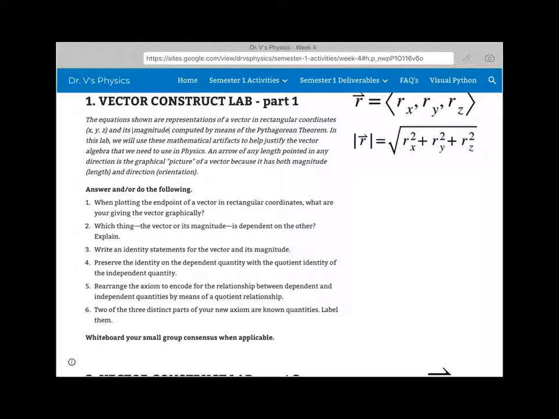So what have I given? So when plotting the endpoint of a vector in rectangular coordinates, so this is the endpoint of the vector r, which we would properly put an arrow on if it's a vector. What am I giving the vector graphically when I plot the endpoints?